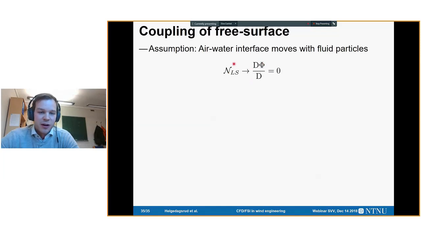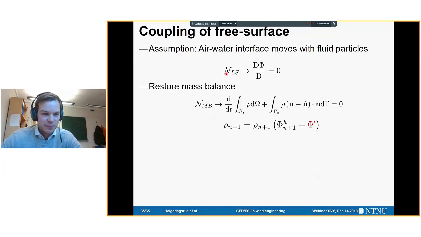So this is the governing equation for the level set. And then for the early applications, they did this for the tank sloshing, and they experienced that you slowly lose water because of the leakage to air. So they added this mass balance term, added a constraint that says that you will have a constant mass. So this is a small extra constraint.